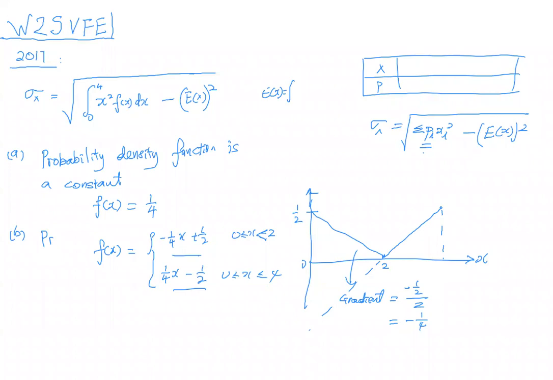The probability of the extreme is higher. This one is constant. You see, the probability of the extreme is higher. The probability varies from, is it 1/4 to 0?